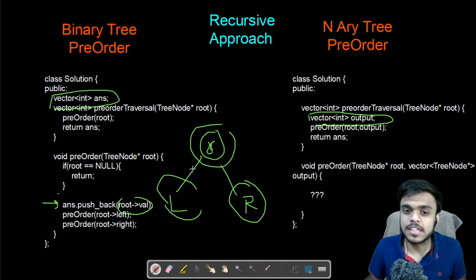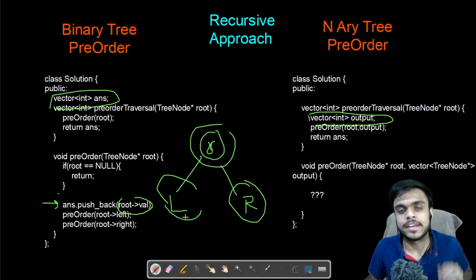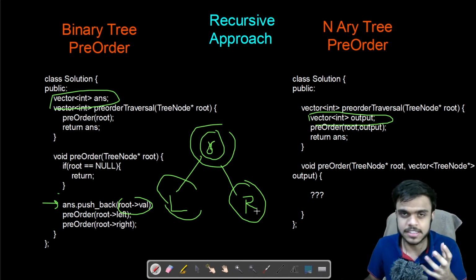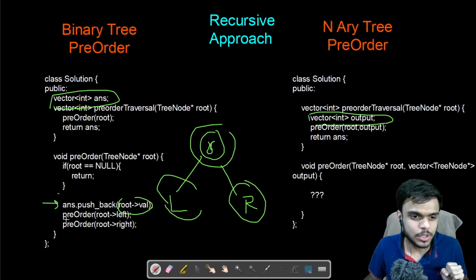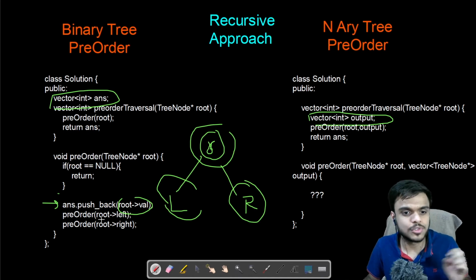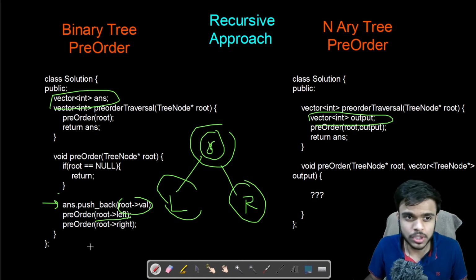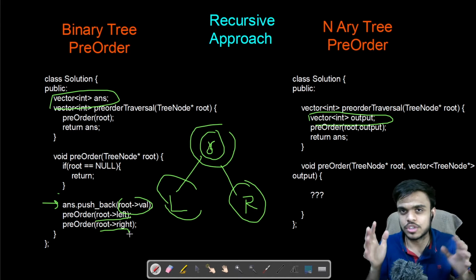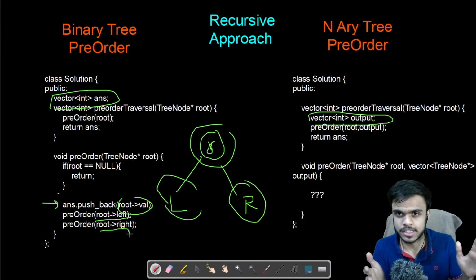Now that we are done with the current node, we recurse for the left and the right subtree. That is, we make a recursive call of root's left for the same helper function, pre-order, and then also a recursive call for root's right. So this is what we are doing in binary tree pre-order traversal.